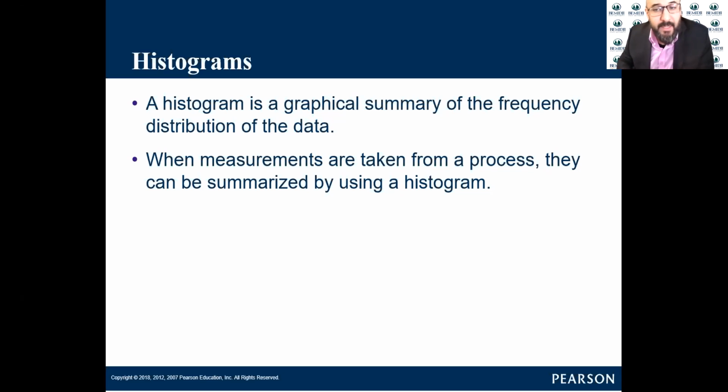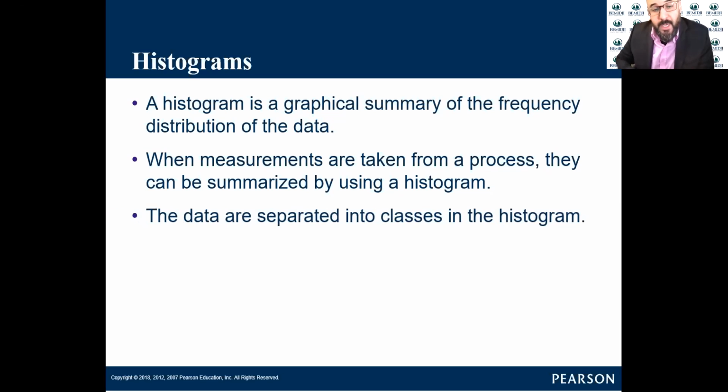When measurements are taken from a process, they can be summarized using a histogram. The data are separated into classes in the histogram. So what is the difference between the histogram and the check sheet or the bar chart or one of these charts that we use? The histogram will categorize the data into categories.